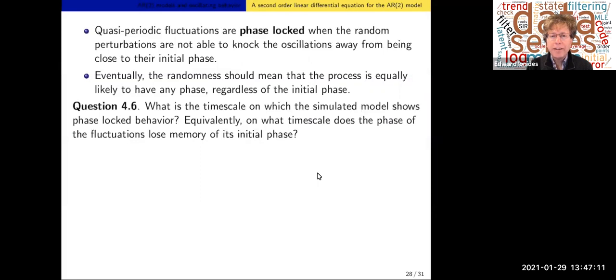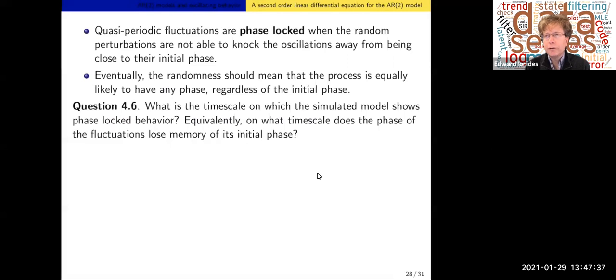Now, when you have an ACF decaying like this, it's helpful to have this concept of phase locking. Quasi-periodic fluctuations are phase locked when the perturbations are not able to knock the oscillations away from being close to their initial phase. If there is stochasticity, you know eventually the oscillations are going to have random phase.